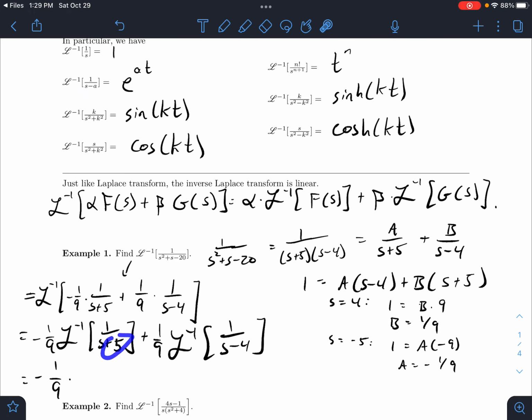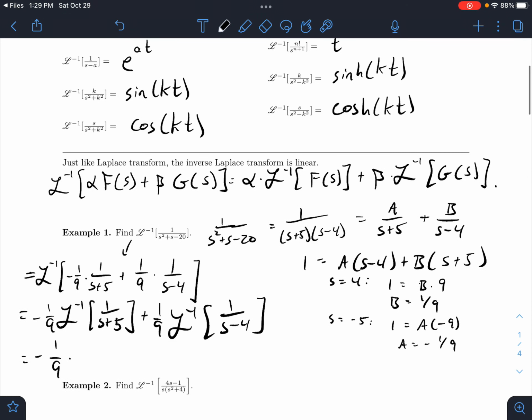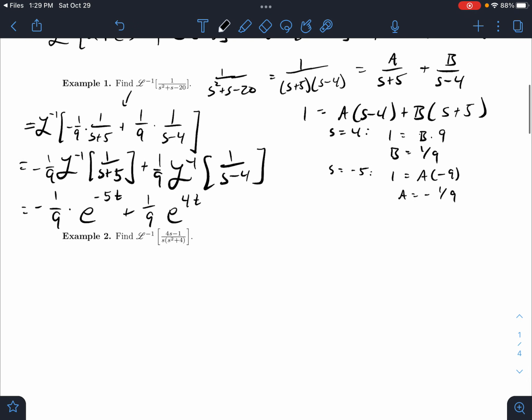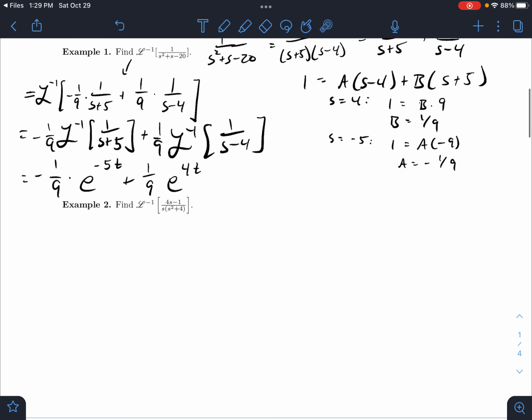And so we see 1 over s minus a, so our a would be negative 5 in this case. This is s minus negative 5. So this is negative 1/9 times e to the negative 5t plus 1/9 times e to the positive 4t. All right. And okay, yeah, this is matching what I had from before, so at this point I'm pretty confident in this answer.